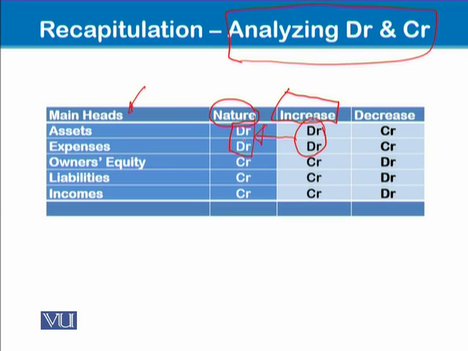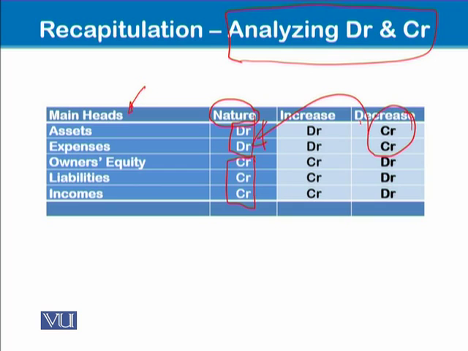If the nature is debit, because of increase, the accounting head would be debited. Whereas if the nature of that main head is credit, because of increase, the effect would be credit for that accounting head.